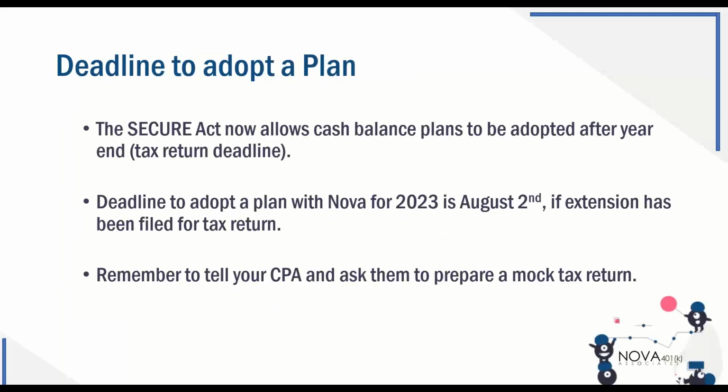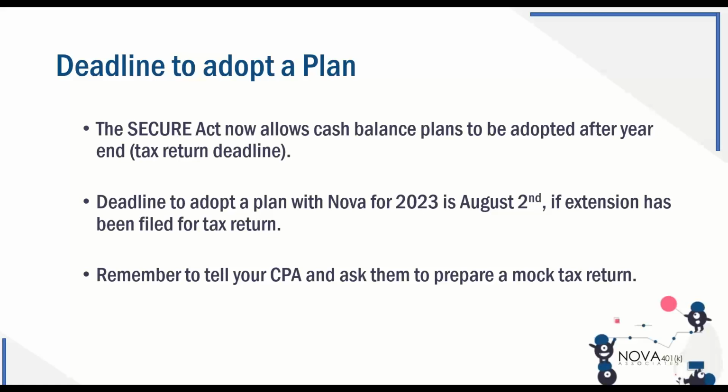The SECURE Act allows cash balance plans to be adopted after year end up until your tax return deadline. And for NOVA, if you want to put something in place for 2023, our deadline is coming very soon. So if you have any interest in seeing an illustration for 23, please reach out to a NOVA salesperson as soon as possible.